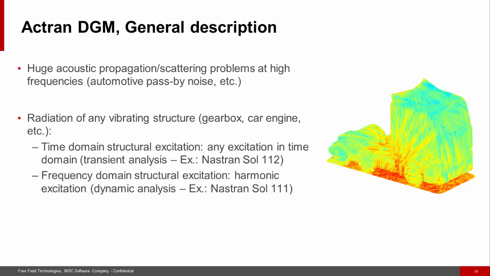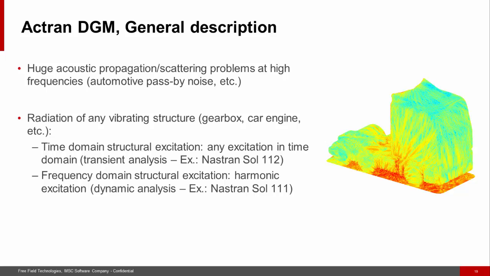It allows the radiation from a simple source, such as a monopole, or from a vibrating structure, or from a velocity boundary condition. It supports the radiation from time domain structural excitation, such as transient analysis performed with Nastran Sol 112, or it supports also frequency domain structural excitation, such as a dynamic analysis performed with Nastran Sol 111.